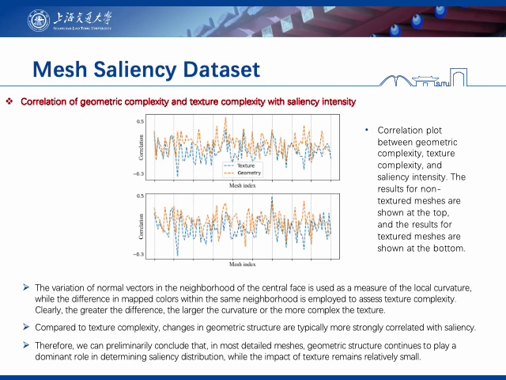Therefore, we can conclude that in most detailed meshes, the geometric structure plays a dominant role in determining the saliency distribution, while the influence of texture is relatively minor.